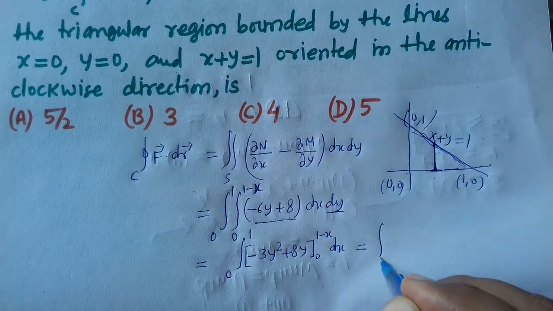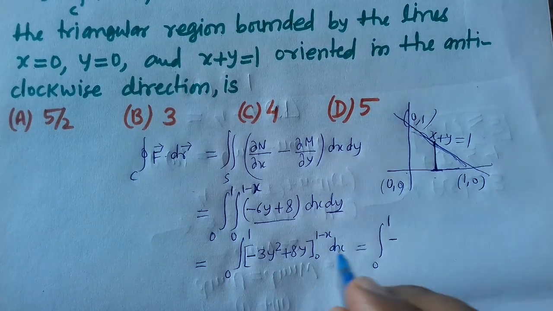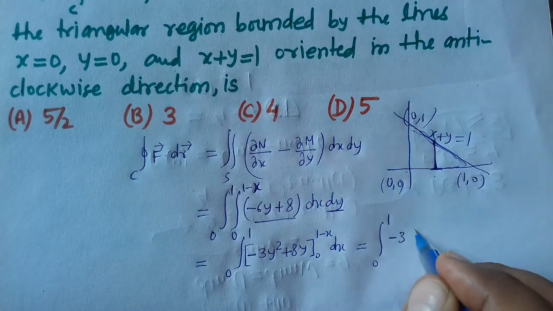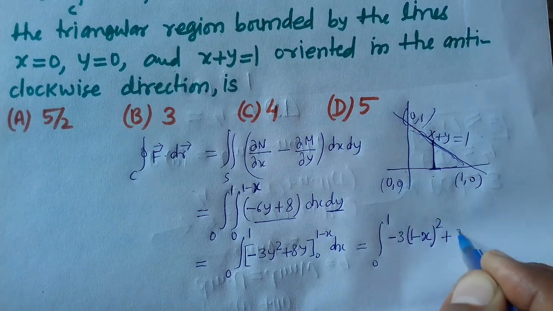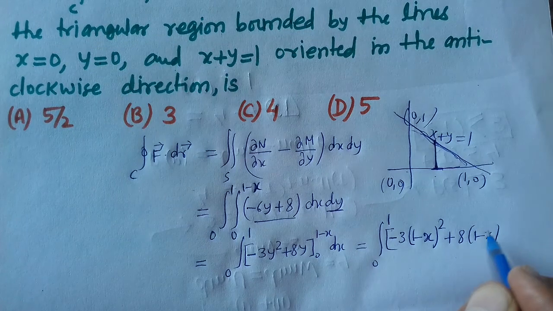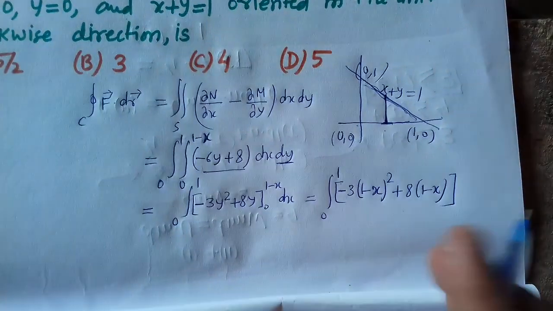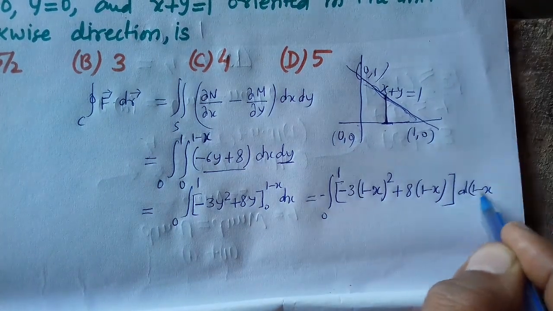Now this can be written as 0 to 1, and putting 0 gives 0, so minus 3 (1 minus x) square plus 8 (1 minus x). Now this dx can be written as minus d(1 minus x).